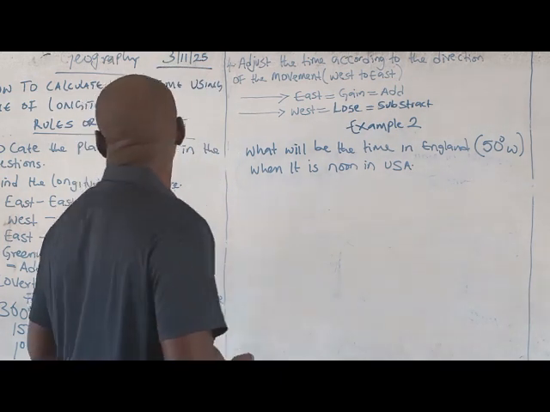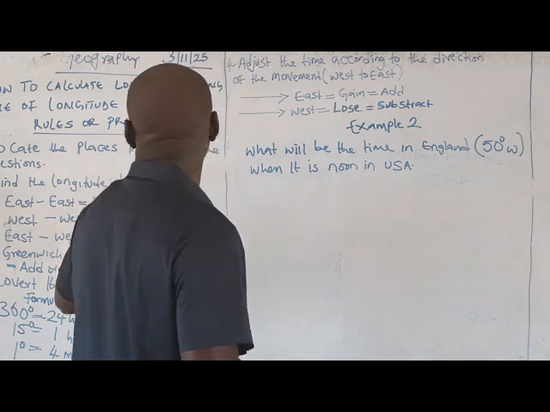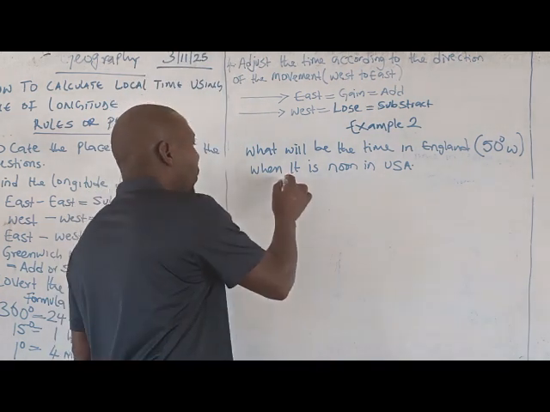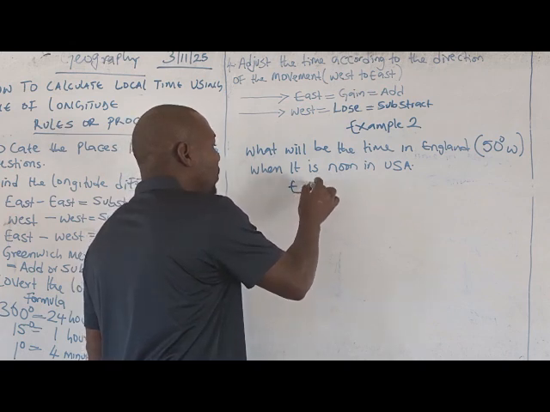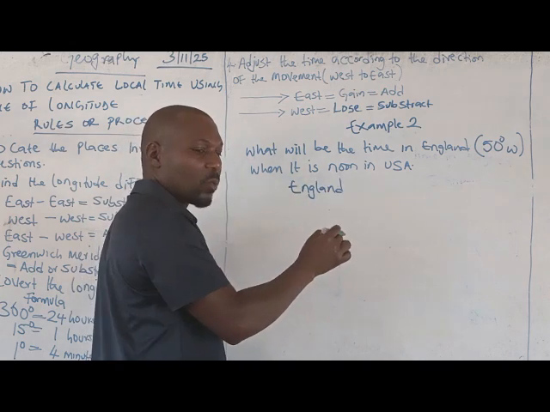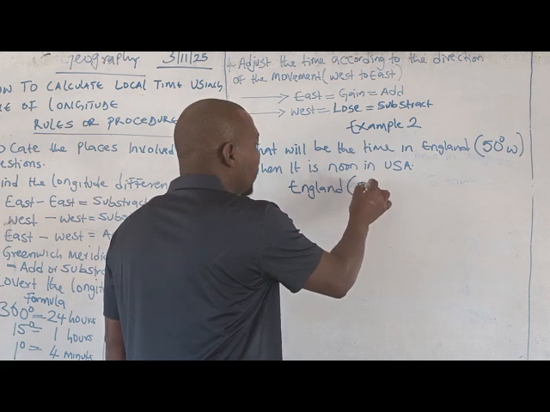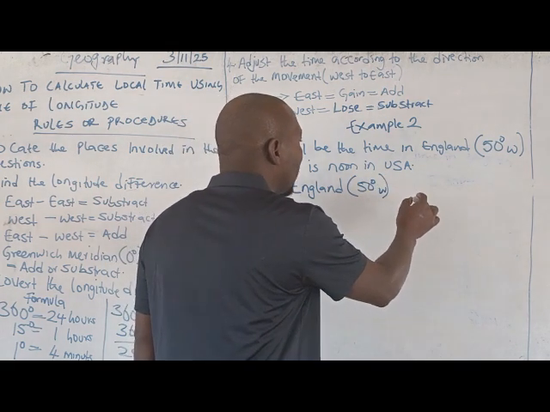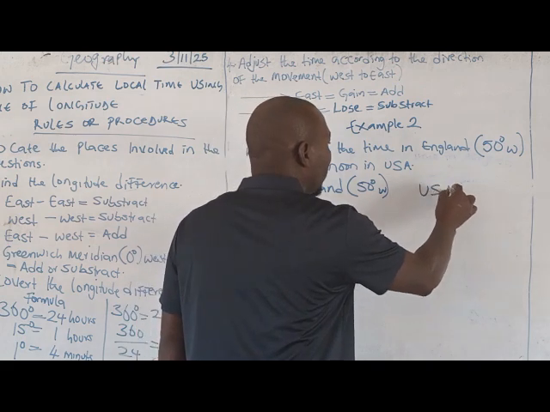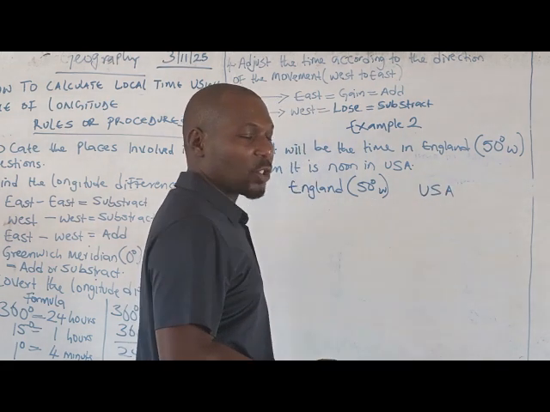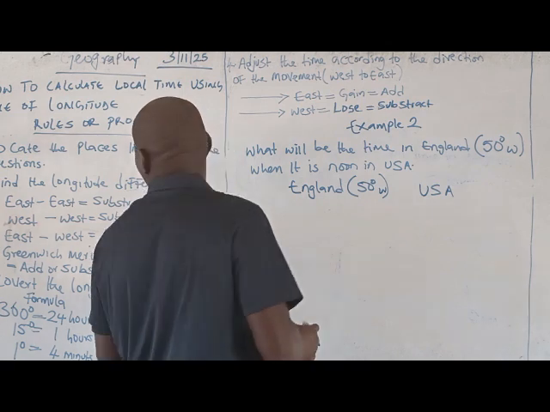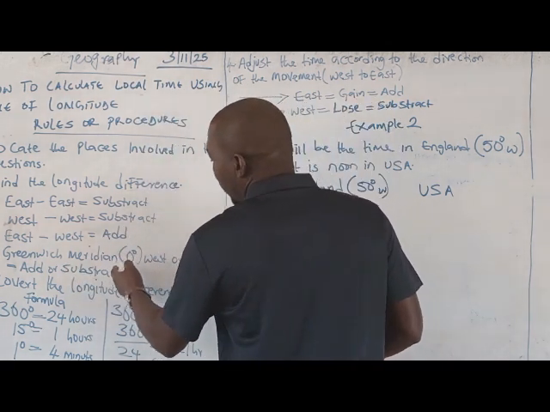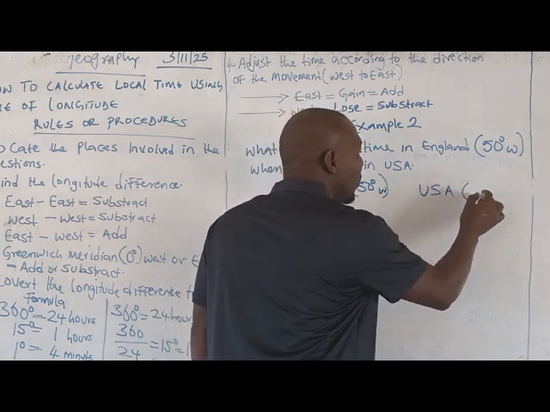So what we have to do according to our rules is locate the two places that are involved. England is 50 degrees west, and USA. We know that noon falls under the equator, which is 0 degrees.